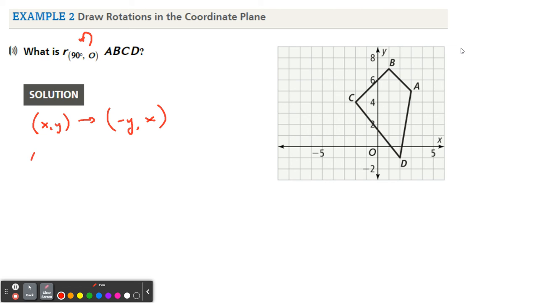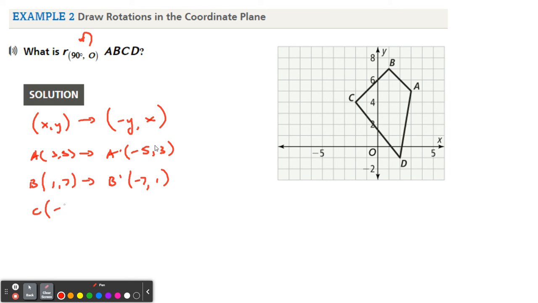If we look at A's coordinates, A is (3, 5). A prime will become: the 3 goes last, the 5 comes first and becomes opposite, so (-5, 3). B is at (1, 7). For B prime, y comes first, opposite, x goes second: (-7, 1).